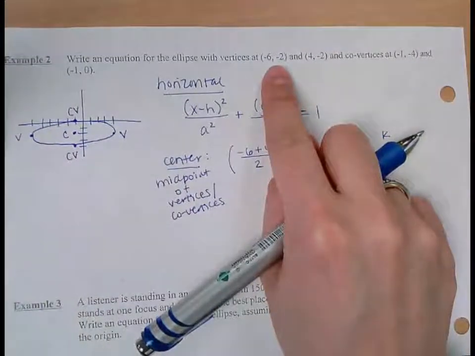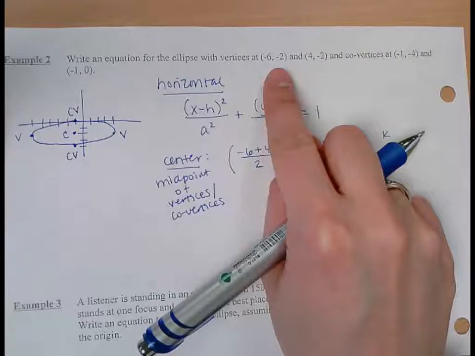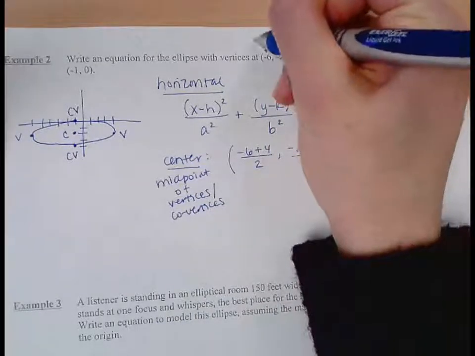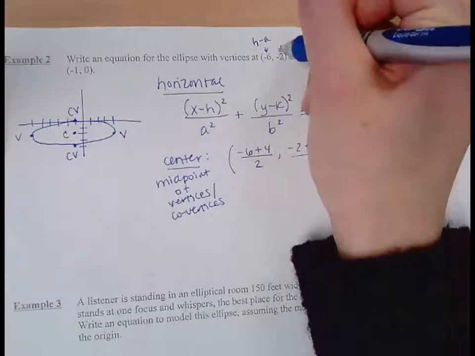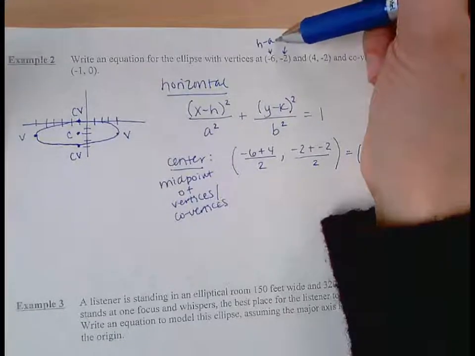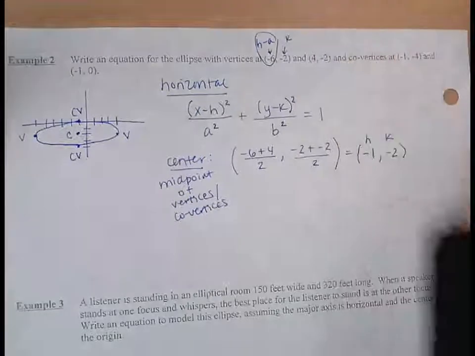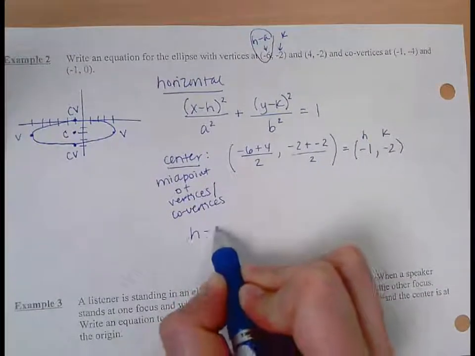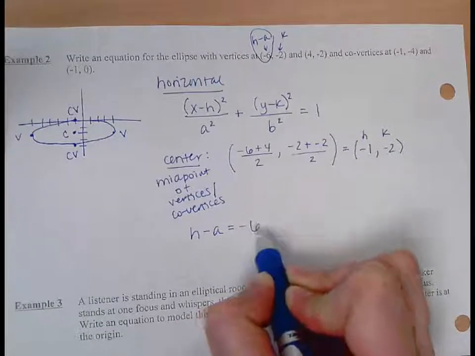I know that -6, -2 was my leftmost vertex. If I look at my graphic organizer that has a formula, the x-coordinate is h minus a, the y-coordinate is k. How that's helpful, though, is I can set up an equation with the x-coordinate and say to find a, I know h minus a equals -6.